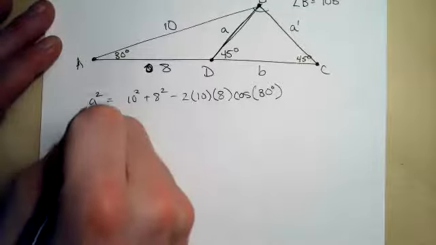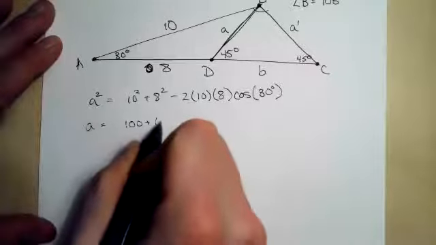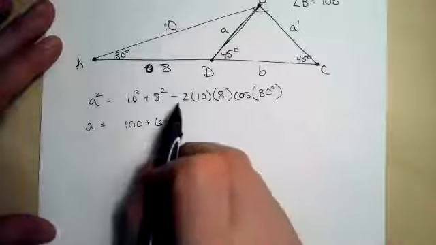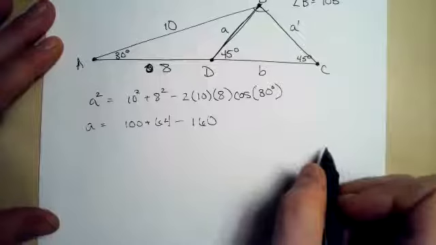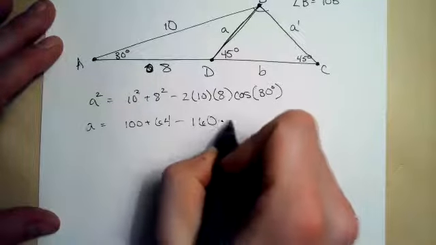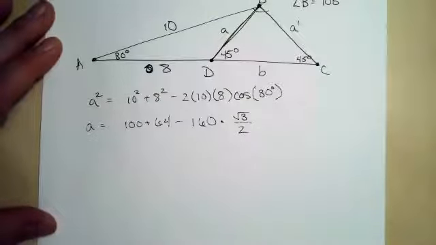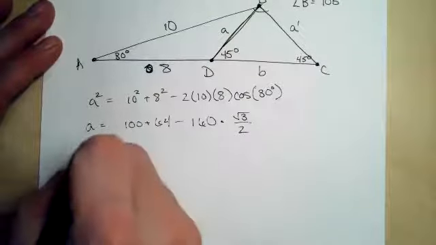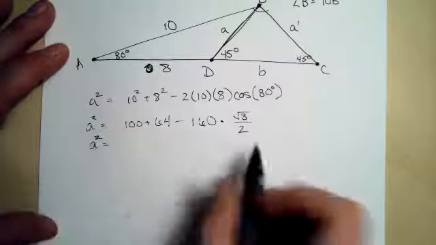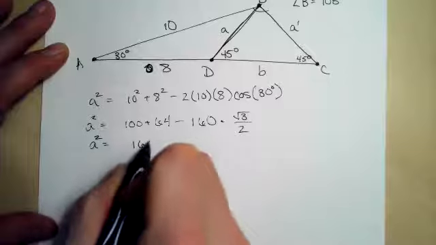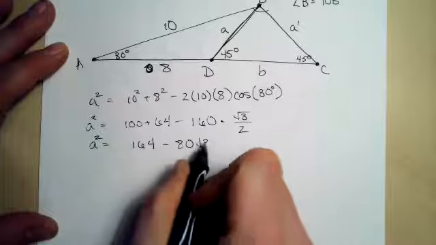So when we find A, we're going to get 100 plus 64 minus 160 cosine of 30 degrees, which is square root of 3 over 2. And so our A squared is going to be 164 minus 80 square root of 3.